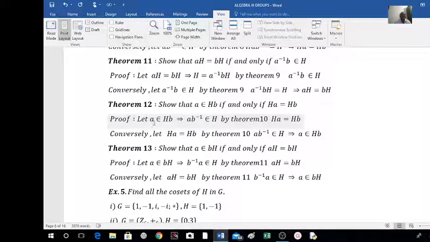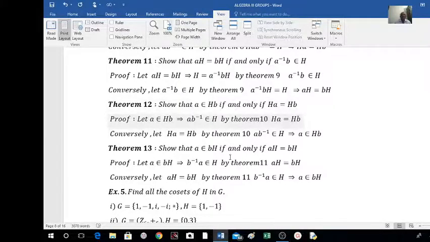That means AB inverse belongs to H. Now apply theorem number 10: AB inverse belongs to H if and only if HA equals HB. So using theorem number 10, I can write HA equals HB.